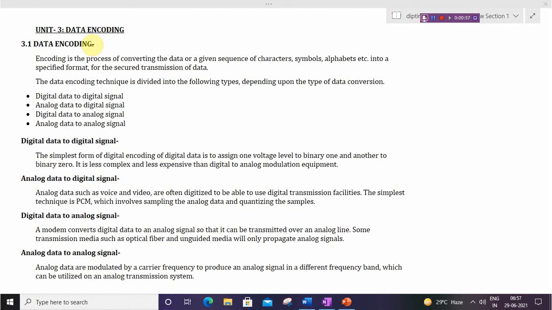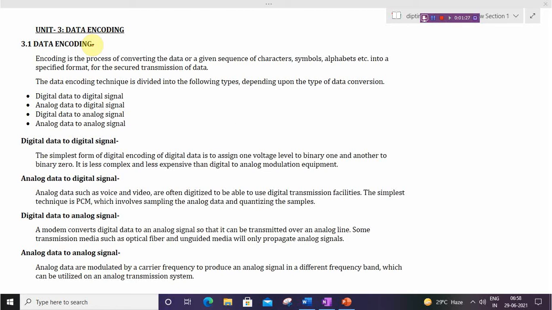Encoding is a process of converting that data or a given sequence of characters, symbols, alphabetics, etc. into a specified format for the secure transmission of data. Means encoding is a process by which we convert our data into the format by which the transmission is possible. Means we convert data to signals.